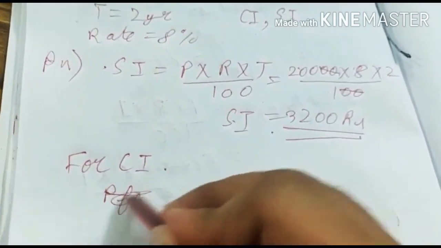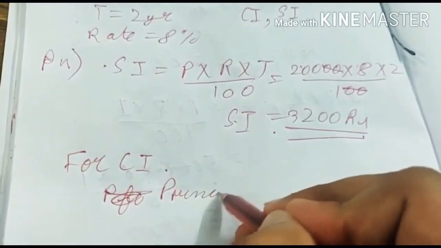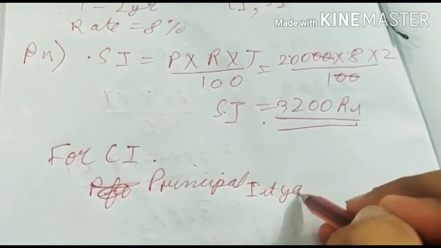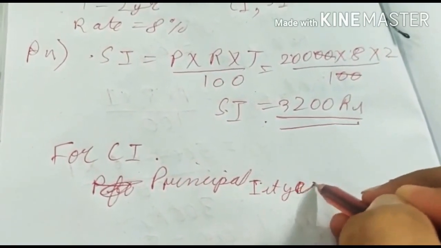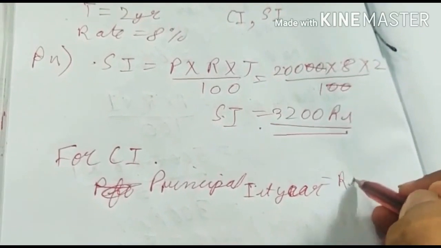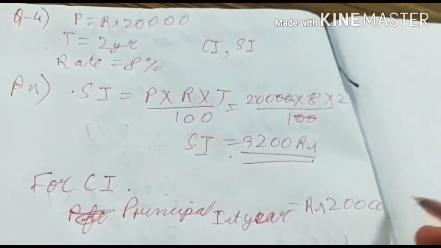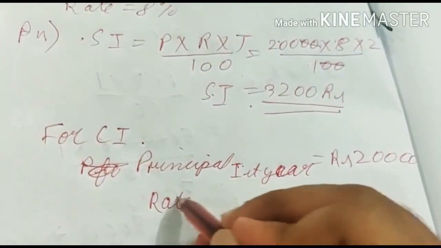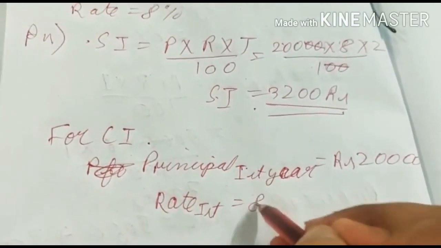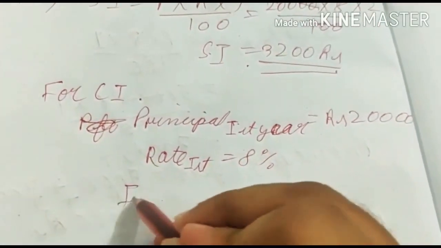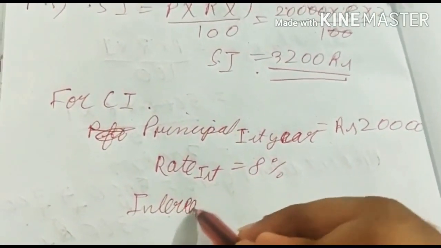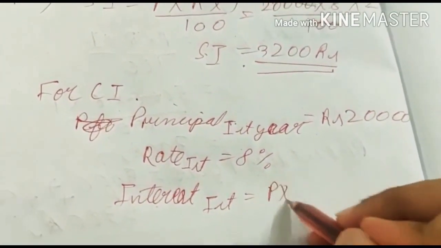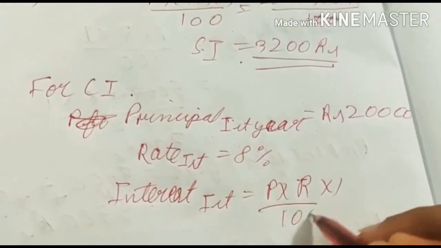Principal for the first year will be the initial amount. So here rate for first year is 8%. So interest for first year equals P into R into 1 upon 100.